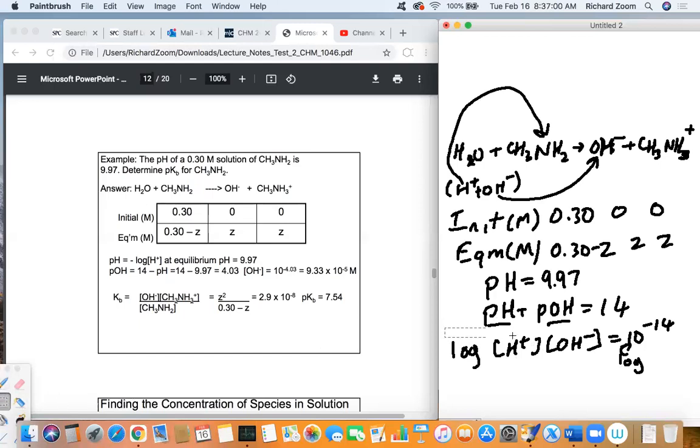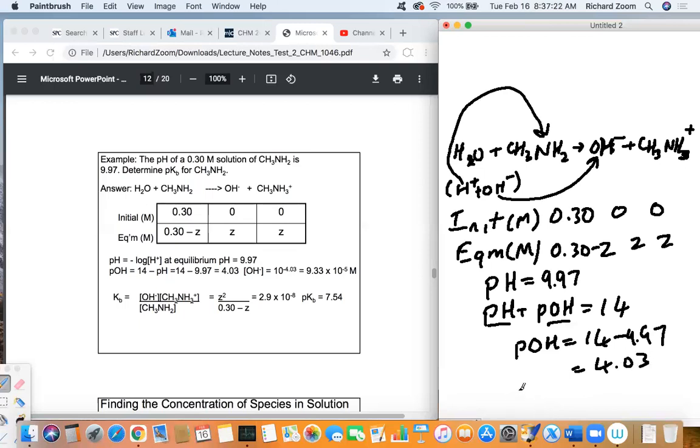So that's the relationship. Now I've got OH minus, which means that if I've got the pOH, then I can find the OH minus that way. So pOH is going to equal 14 minus 9.97, which is going to be 4.03.